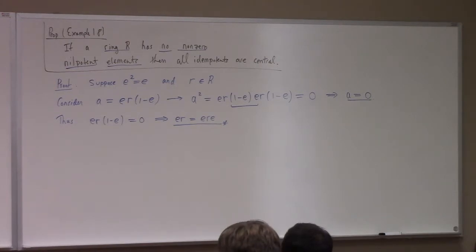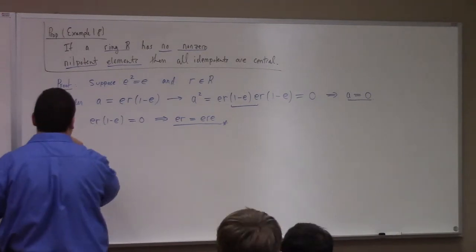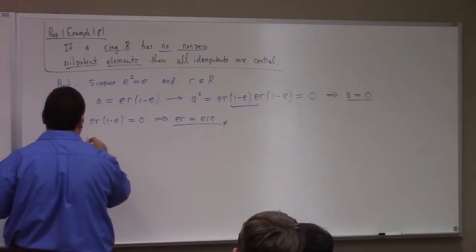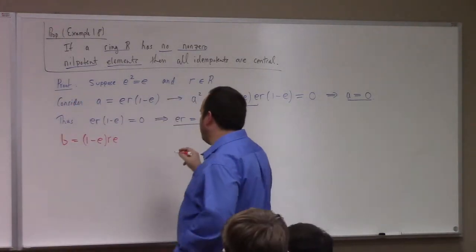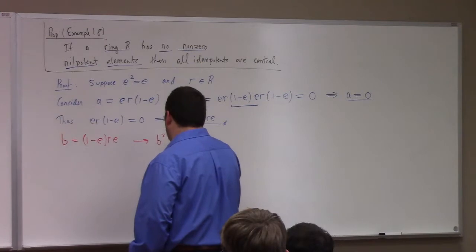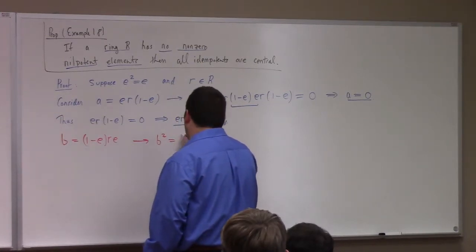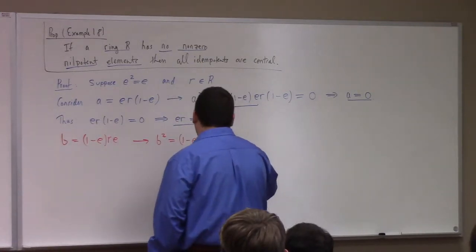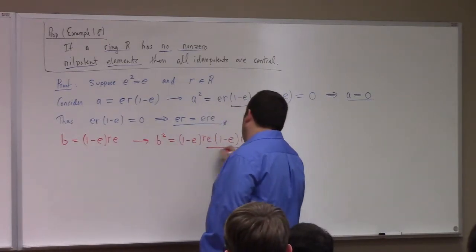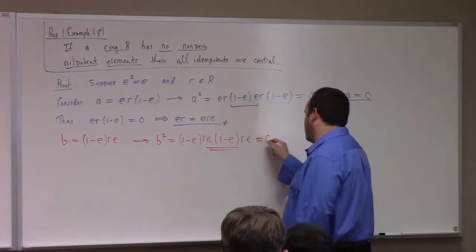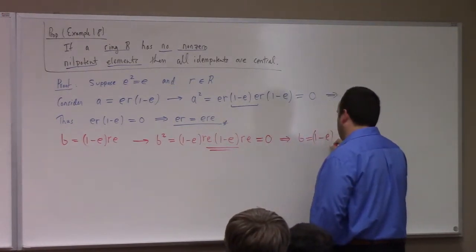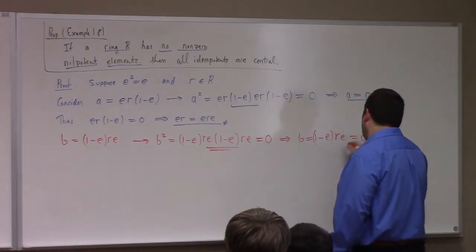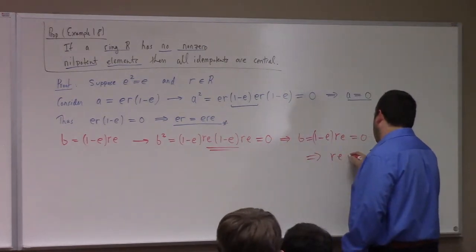Almost the same thing, but flip the E and the 1 minus E, so B is equal to 1 minus E times R times E. Then B squared is (1 minus E)RE(1 minus E)RE, and lo and behold, there's your 0 in the middle, so B squared is 0, which implies that B is equal to 0. So (1 minus E)RE is equal to 0, which implies that RE is equal to ERE.